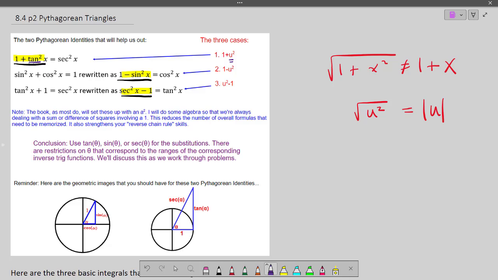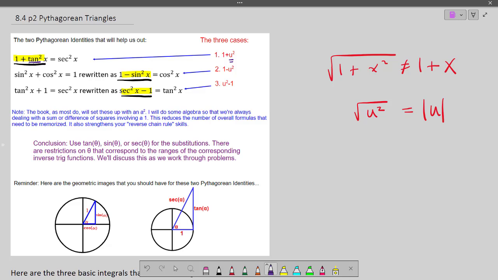And that's going to reduce that sum of squares into a single square. In this case here, if we have a difference of squares, we could say, what if we let u be sine? If we let u be sine, then we're going to have 1 minus sine squared. The Pythagorean identity will collapse that to cosine squared.